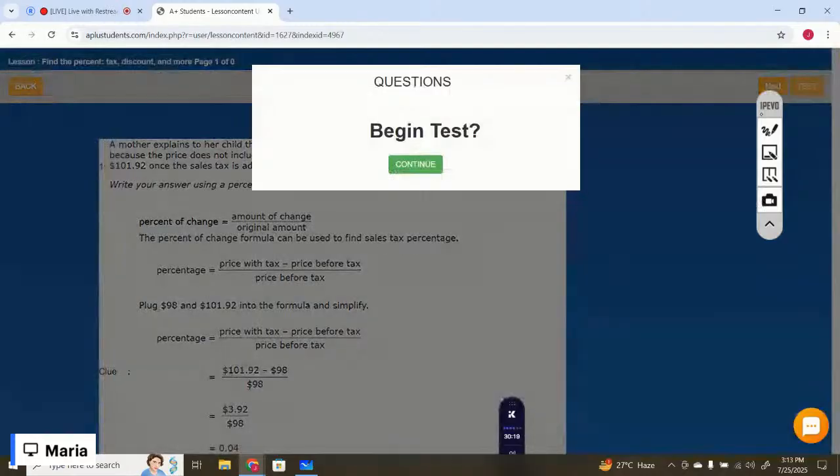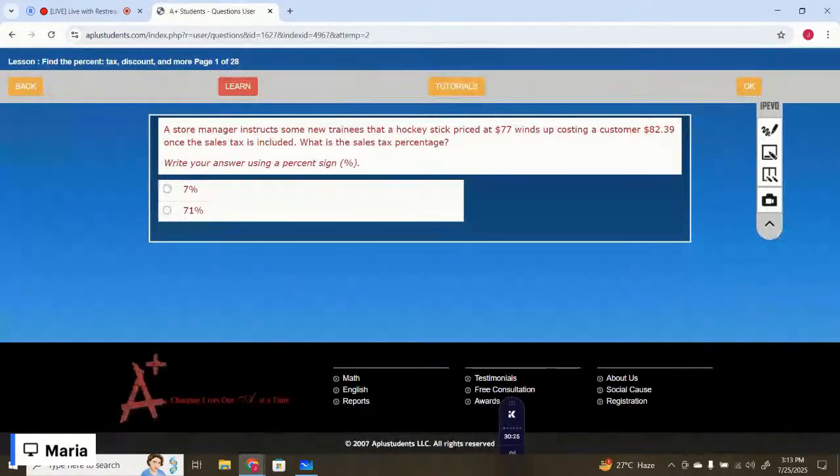Let's just start with the test questions. A store manager instructs some new trainees that a hockey stick priced at $77 winds up costing a customer $82.39 once the sales tax is included. What is the sales tax percentage? So we need to calculate amount of change divided by the original amount. Let's calculate the amount of change. It would be 82.39 minus 77.